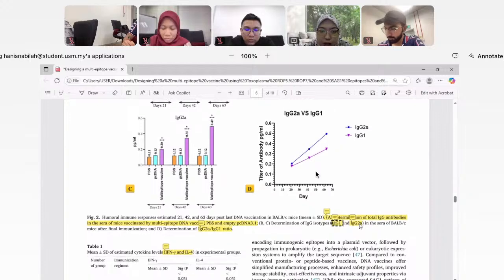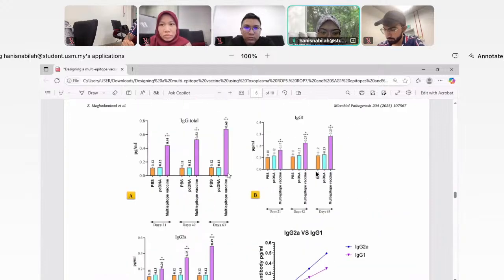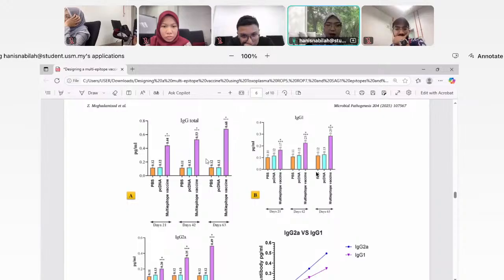Okay. So based on this result, first they check total IgG. We can tell that the longer the time, the more IgG total increases in the multi-epitope vaccine group compared to the placebo group in PBS.